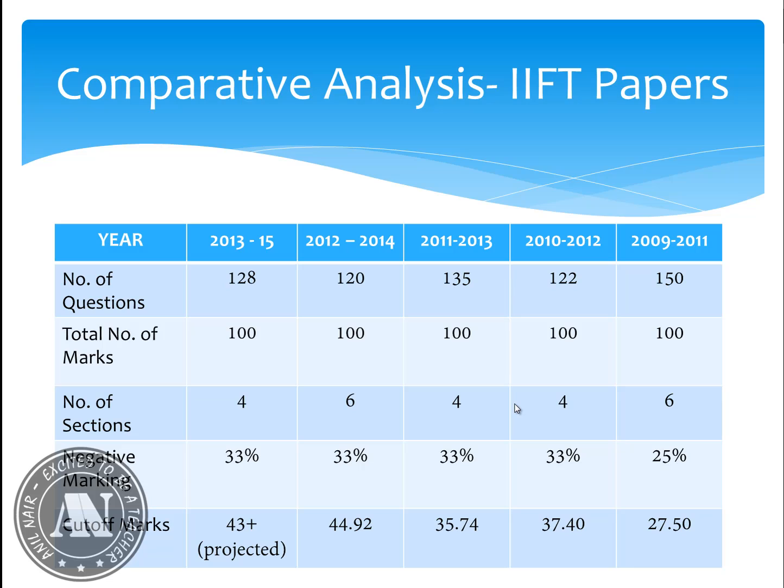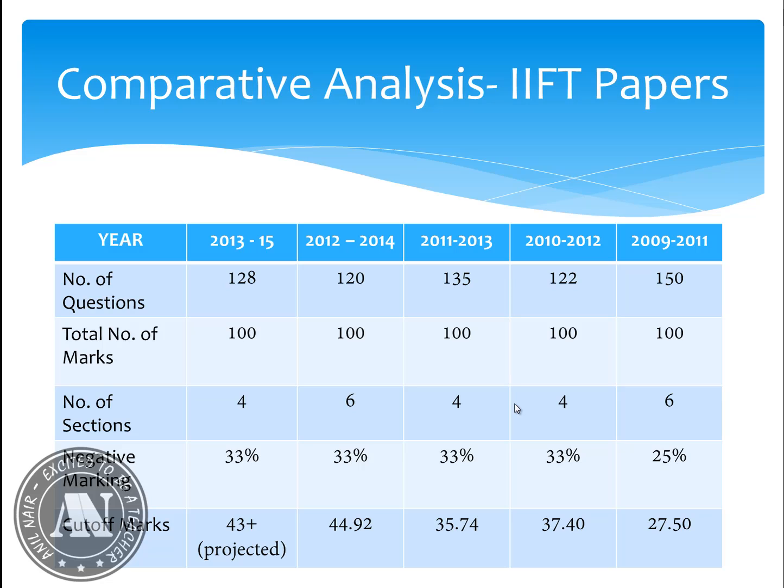It's all calculation intensive. The next slide shows the comparative analysis of previous year IIFT papers and this year's paper with our expected projected cutoff. So when I say 2009 to 2011, that denotes that in 2008 the IIFT exam was conducted for admission into the 2009 to 2011 program.